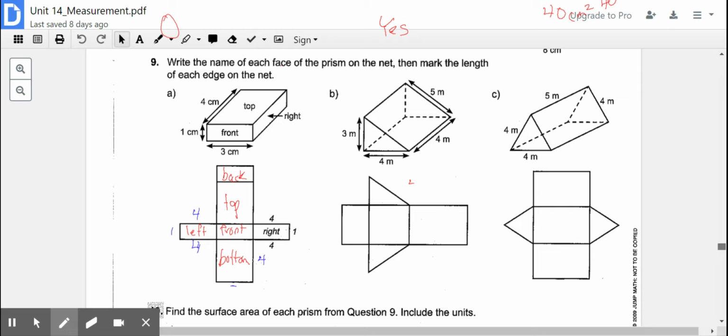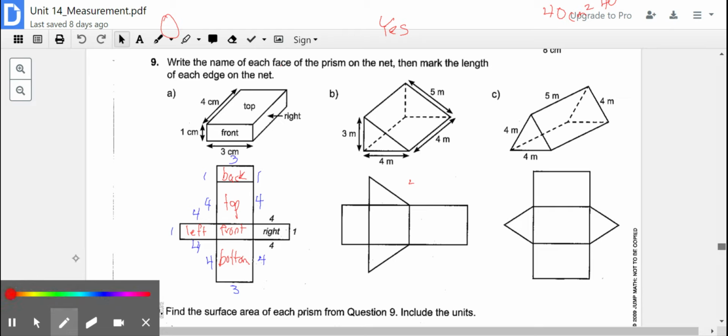So that's 4, that's 3. Oops, that's not 3, that's 4. And the back is the same as the front, which is 1, and it is 3 across. Okay, so that's how we do that one.